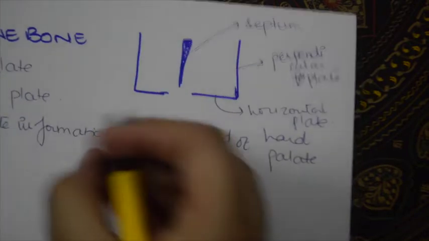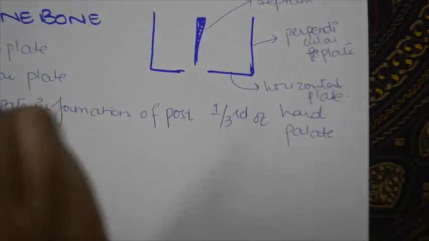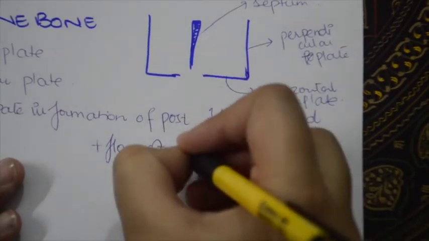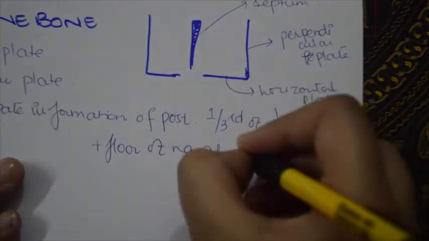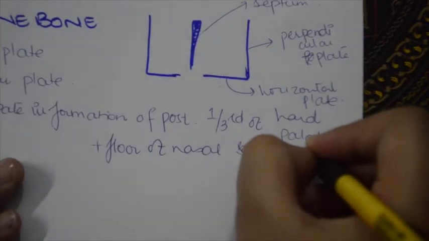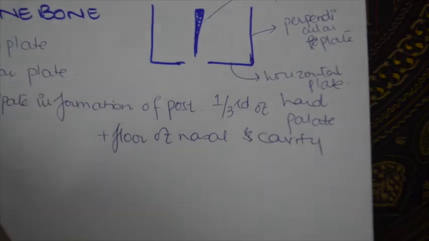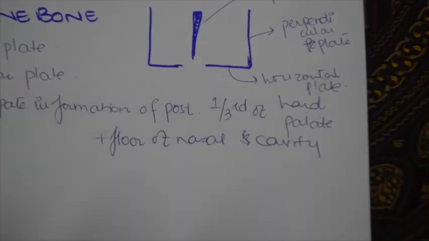So plus the floor of nasal cavity. So anteriorly the floor of the nasal cavity is formed by the maxillary bone. Write it down.